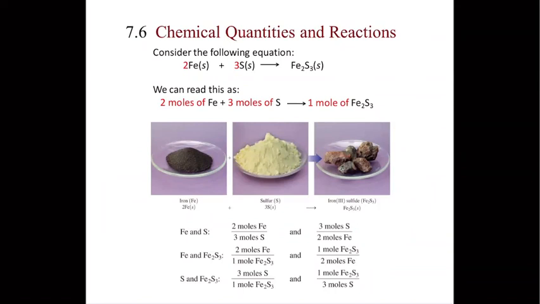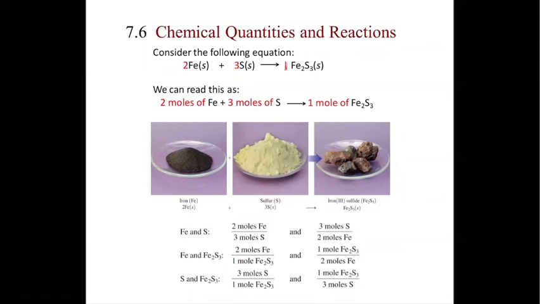To balance this equation, we needed to put 2 in front of the iron, 3 in front of the sulfur, and then, even though it's not written, you can see that there's a 1 in front of the iron 3 sulfide. Now, why is this important?